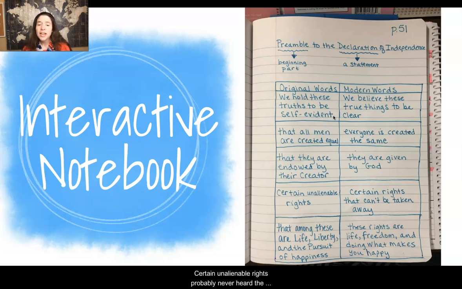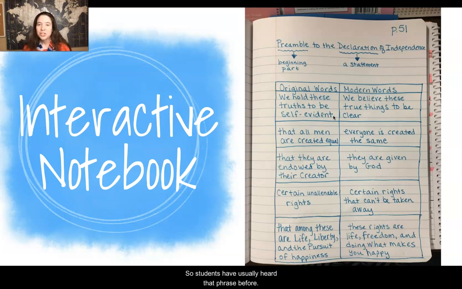Certain unalienable rights. Students have probably never heard the word unalienable. So we can break it up into parts, un-alien-able. And we talk about how that means that there are certain rights that cannot be taken away from us. Among these are life, liberty, and the pursuit of happiness. That phrase shows up in popular culture quite a bit.